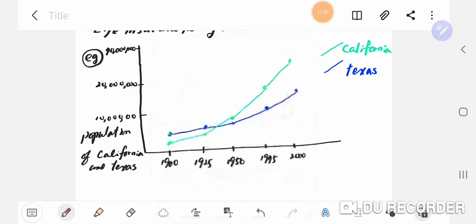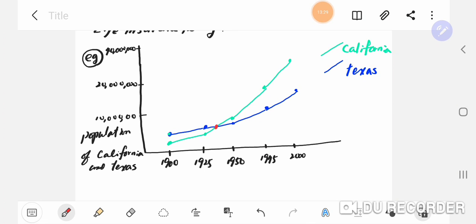So we connect the points, and we have a broken line, and this is the point where the California population gets more. So it is important to understand the graph so that we can interpret, analyze, and explain how the real situation is going.